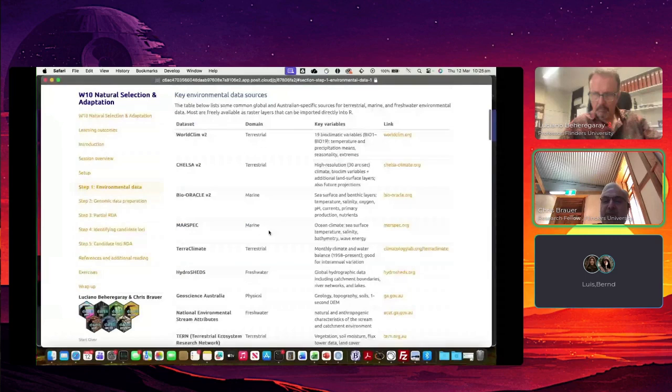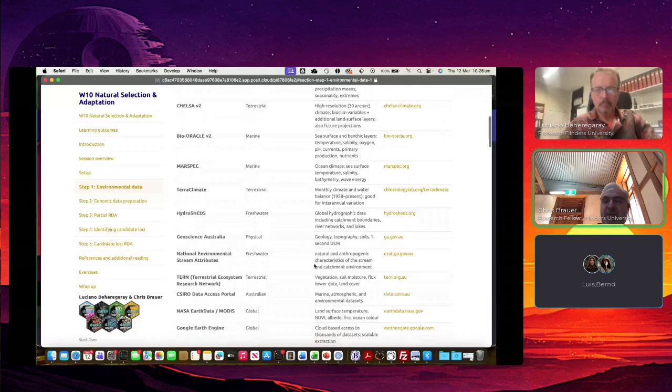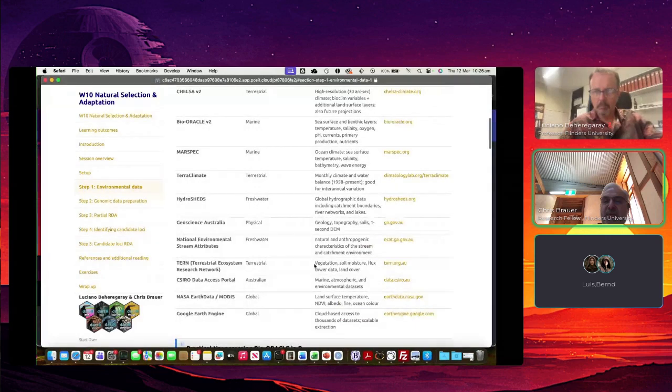I'll skip over this, but I'll put some links here for some of the most common sources of environmental data that people use. Some of these are global. There's a few down the bottom that are more Australian oriented, and there's definitely more than the list I put here, but it's a good place to start looking to get you going.